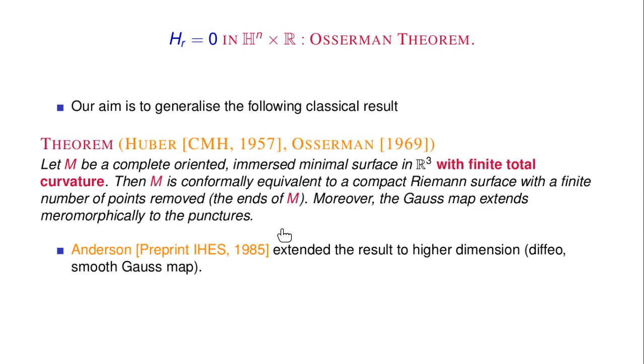So you are not going to look at the conformal structure, but the diffeomorphic structure. And the Gauss map does not extend meromorphically, because you don't know much about it, but Anderson proved that it extends smoothly at the puncture.